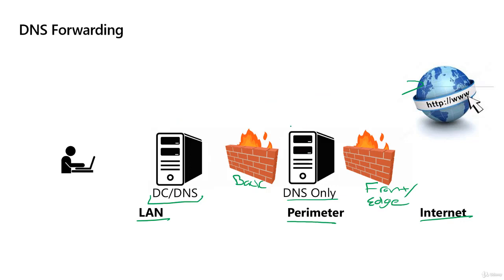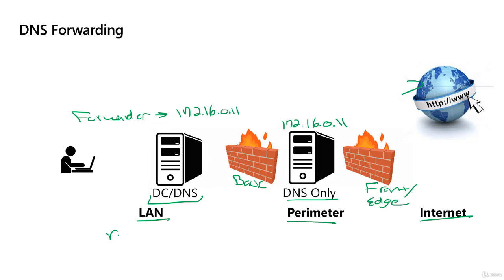Let's say this server's IP address is 172.16.0.11. What I will do now is go configure my forwarder here to say forward any unknown traffic to that address. That easy, I would be completely done.